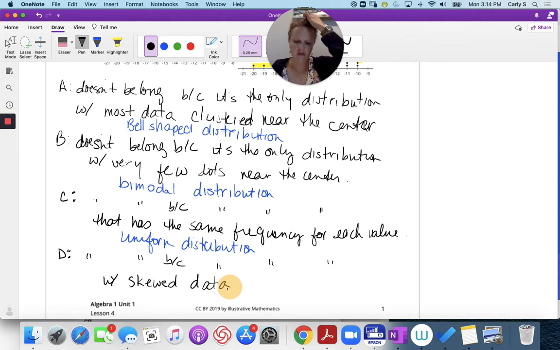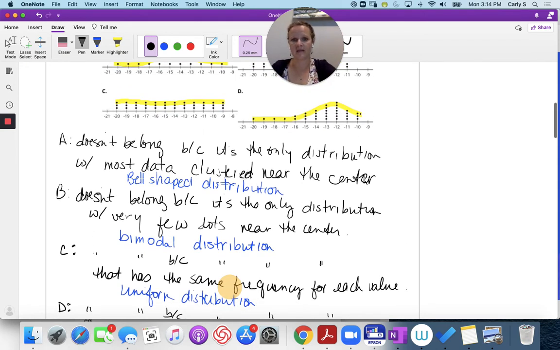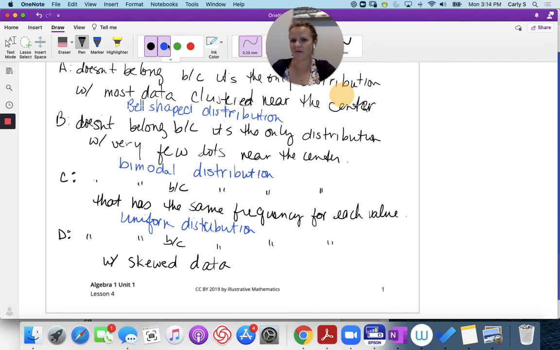It's the only distribution with skewed data. So it goes over to the right a little bit, up like this. All the data has pushed to the right more than everything else. Okay, we call that non-symmetrical data. All right, good job.